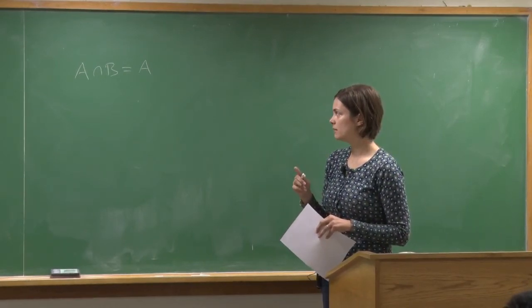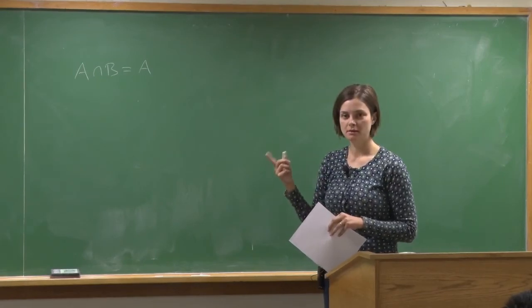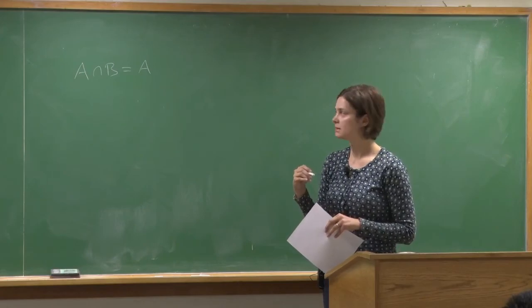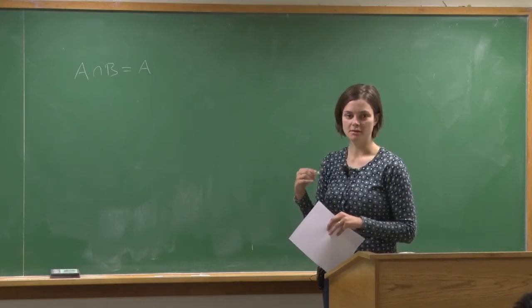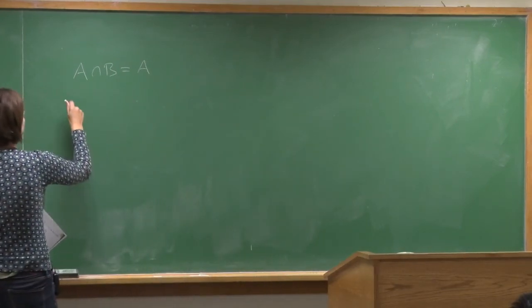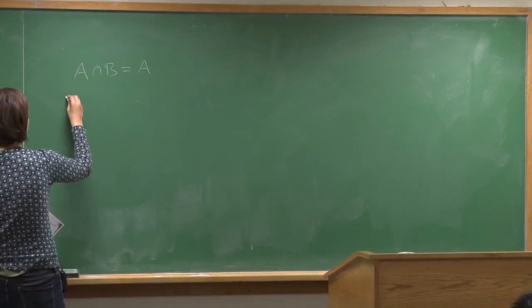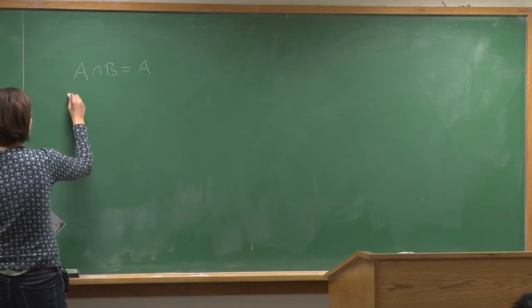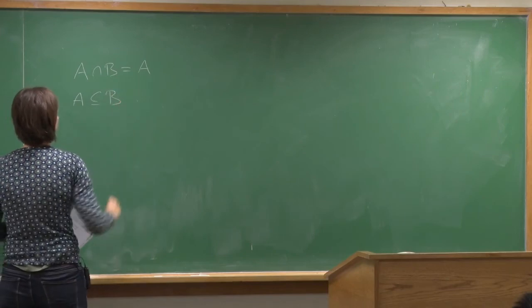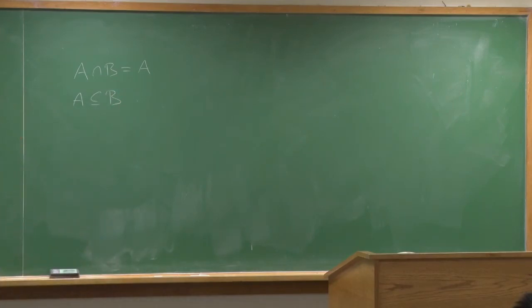That all of A is in B, right? If the intersection of two sets is just all of A, then A would be in B. So another way of saying this is that A is a subset of B.